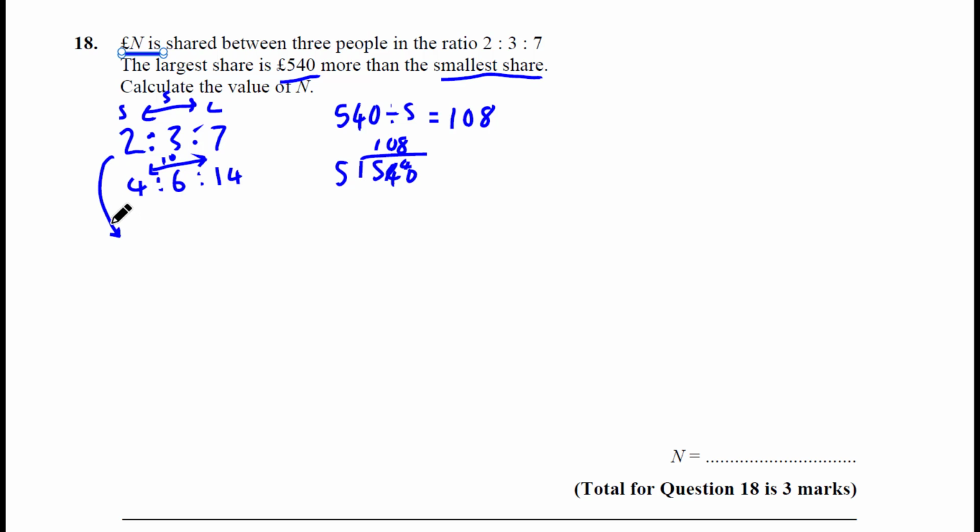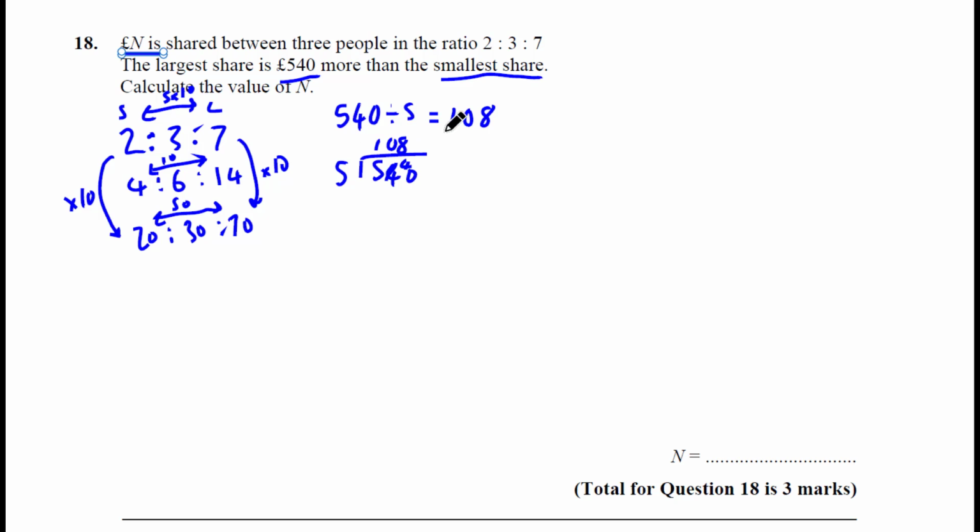Now hopefully guys this will make sense to you, so I'll do another example. If I do 2 times 10 here, these ratios become 20, 30, 70. And can you see the original difference was 5? And if I times that by 10, can you see the difference here is 50?